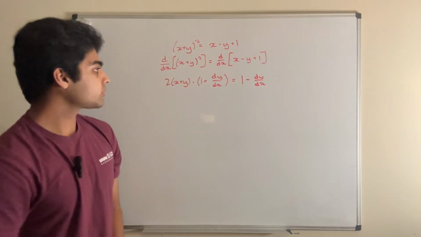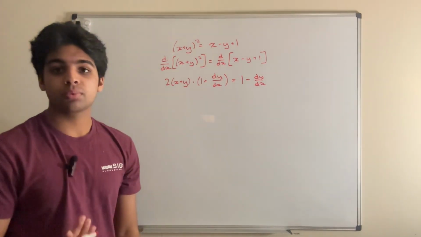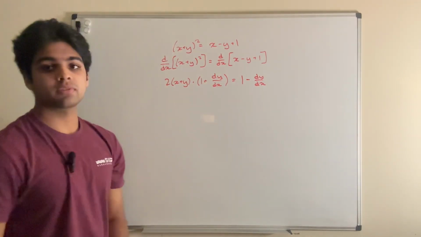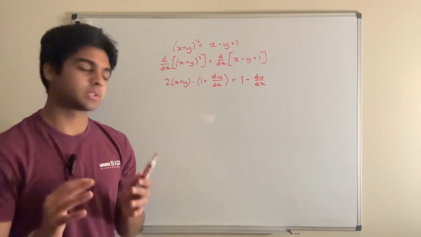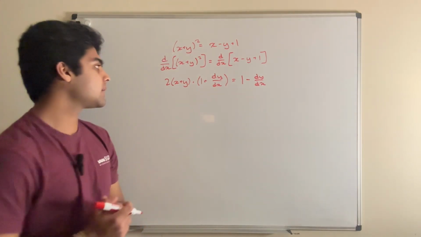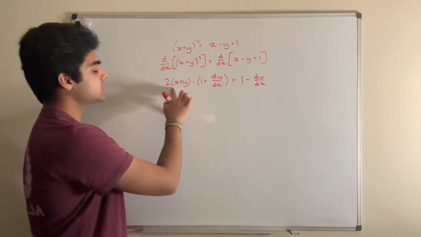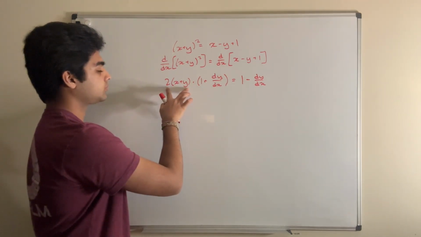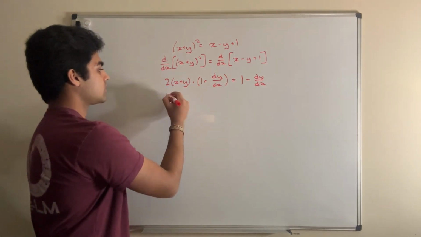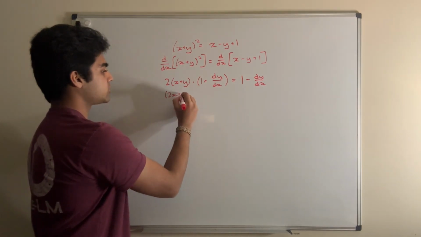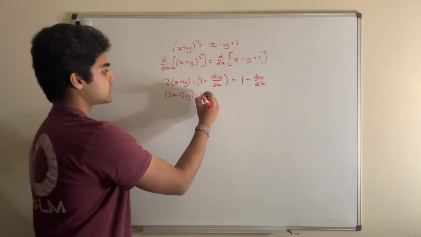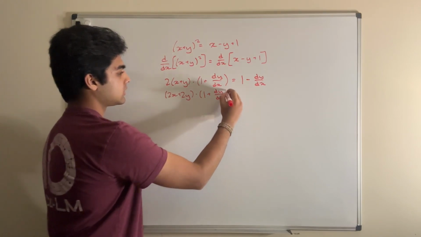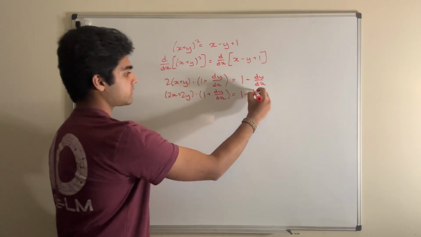Okay? So now, since we want to find slope, we want to solve for dy over dx. So what we have to do is get all the dy over dx terms on one side. So let's do that. So first I'm going to distribute this 2. So we're going to have 2x plus 2y times 1 plus dy over dx equals 1 minus dy over dx.